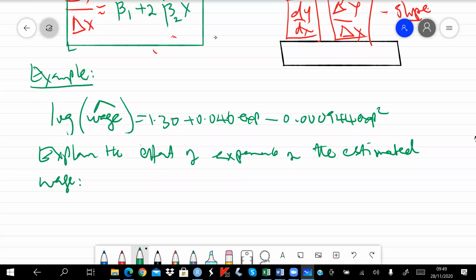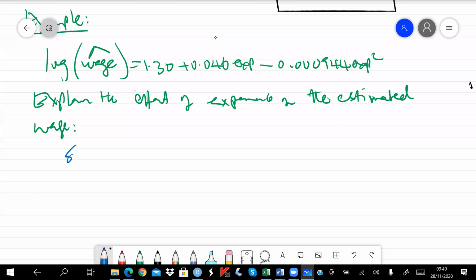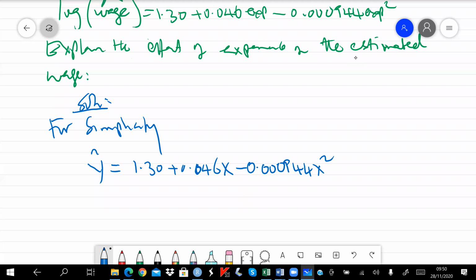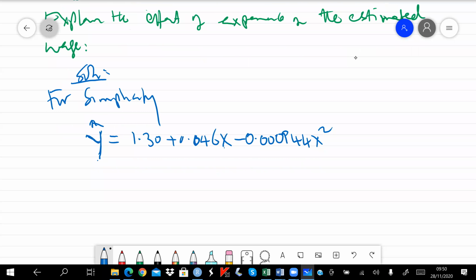Okay, then for simplicity, solution. For simplicity, I want to consider the model in this format. I'm going to replace those long names with symbols: the estimated log of wage to be represented by Y, then experience to be denoted by X. From there, we can find the derivative of this function.